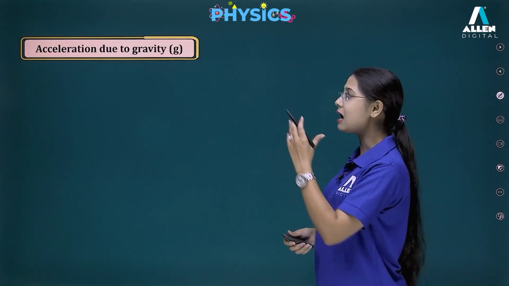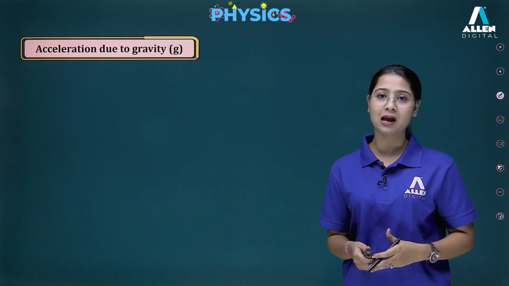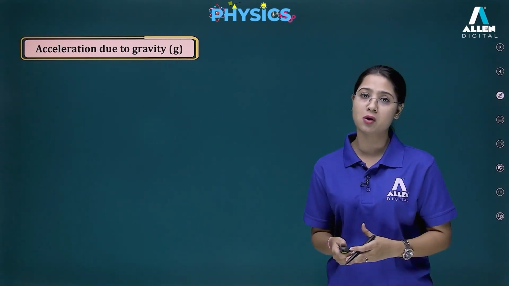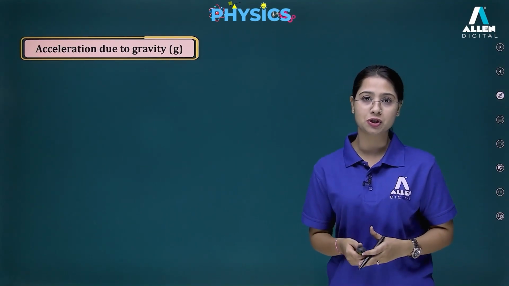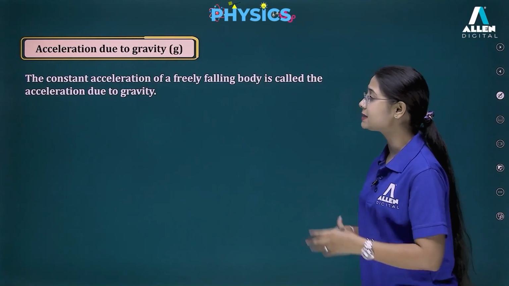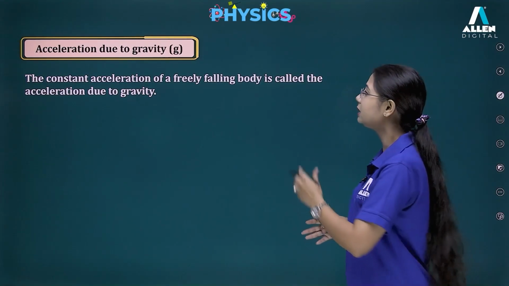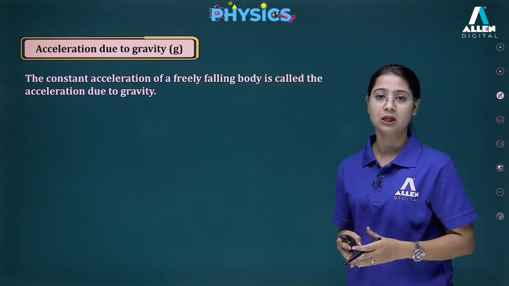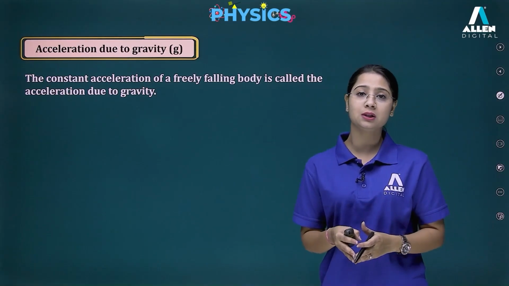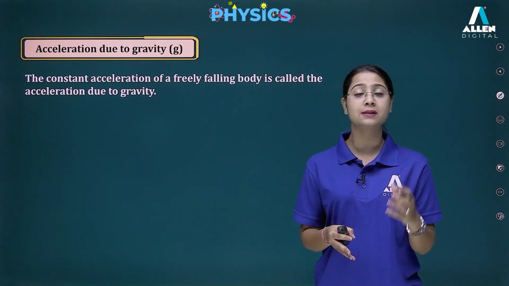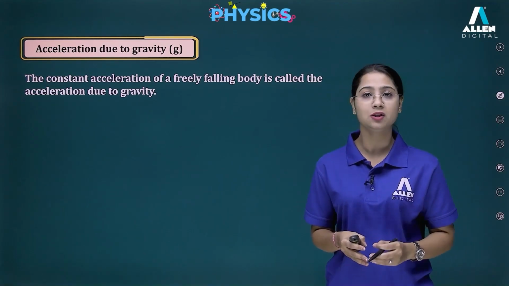So here we have to understand acceleration due to gravity first, because we know that when a body is moving under the influence of gravity, there is acceleration due to gravity. So students, the constant acceleration of a freely falling body is called the acceleration due to gravity. Whenever a body is moving under the influence of gravity, there is a fixed value of acceleration that is denoted with the small letter g, okay.